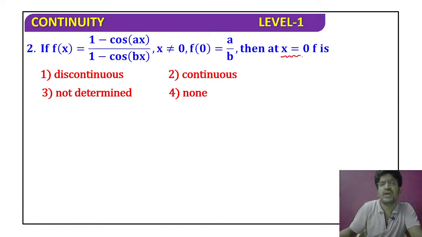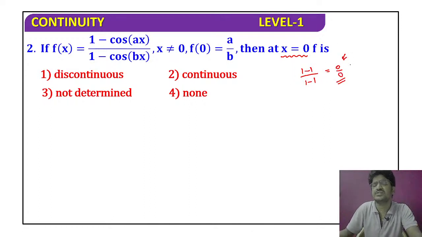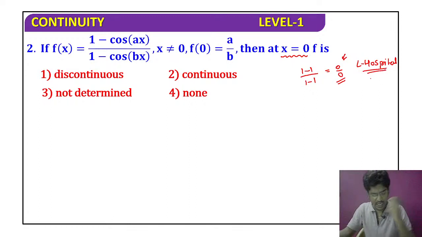If I put x equal to 0 here, this becomes cos 0 and this becomes cos 0, so it is 1 minus 1 divided by 1 minus 1, which is 0 by 0. Whenever we come across this 0 by 0 form, we have to apply L'Hospital rule.